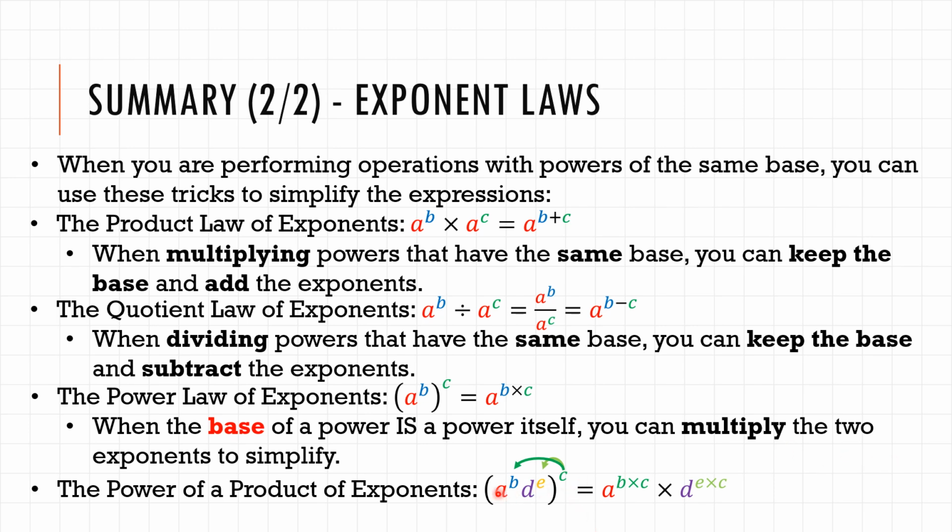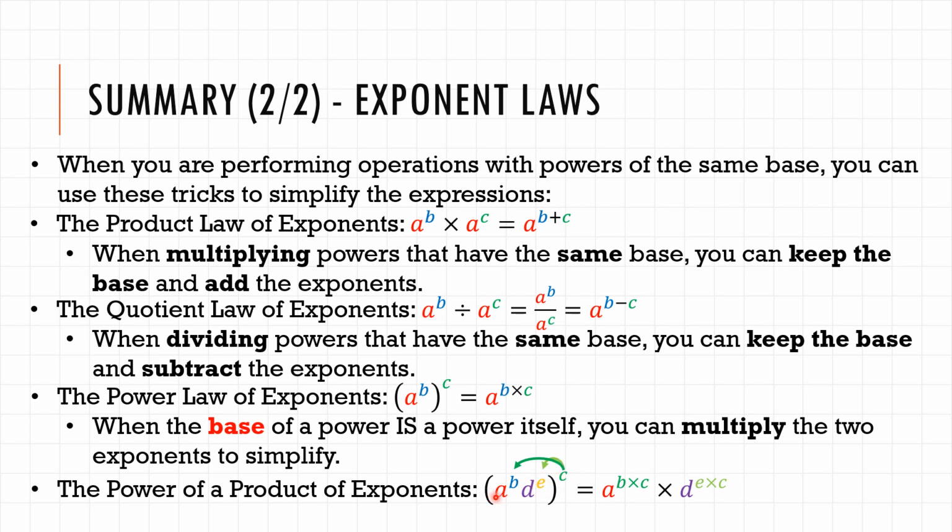But what if the base of a power is a product of 2 different powers? Well, very similar to the distributive property, what this means is you're taking a to the b multiplied by itself c times, and d to the e multiplied by itself c times.